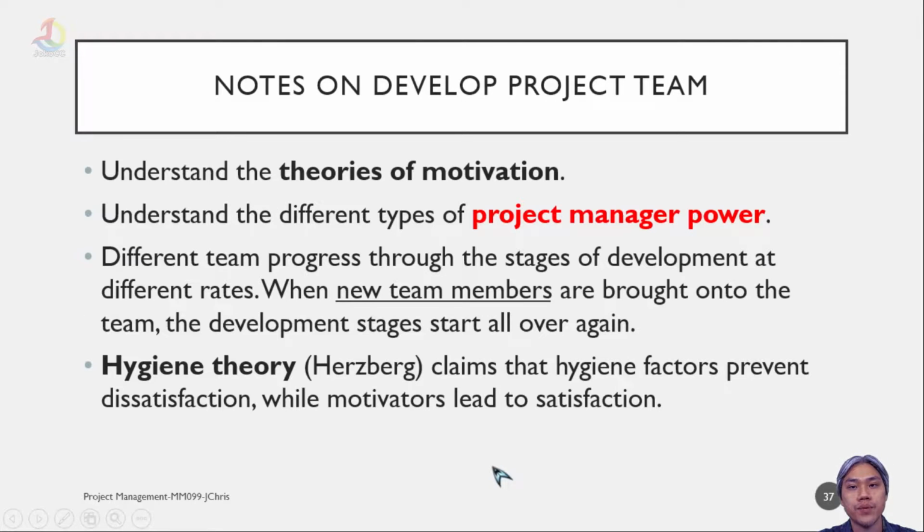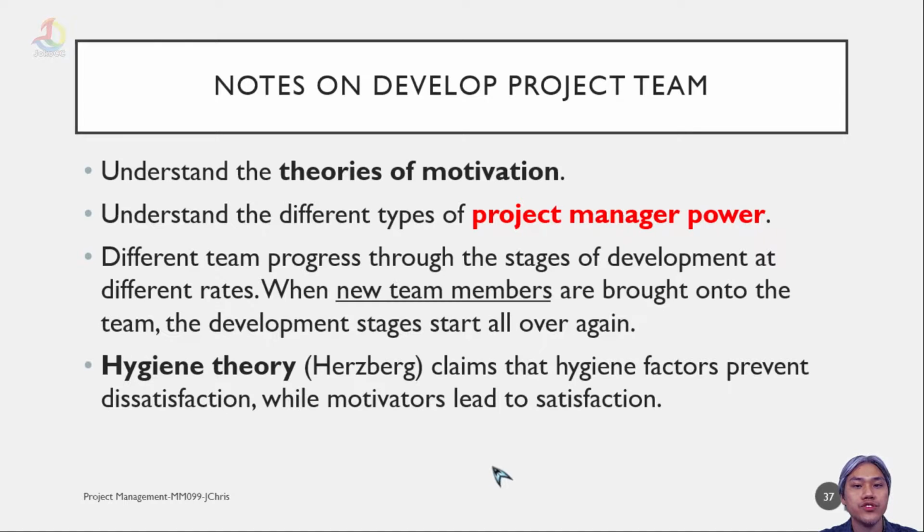Notes on developing the project team. We need to understand the theory of motivation, because each person has a different motivation. We also need to understand the different types of project manager power. Each project manager is unique in their own project, and they have different power and different abilities to be used in the project.